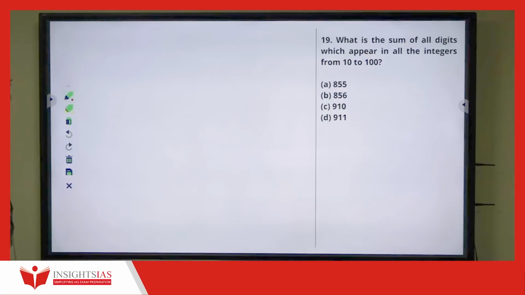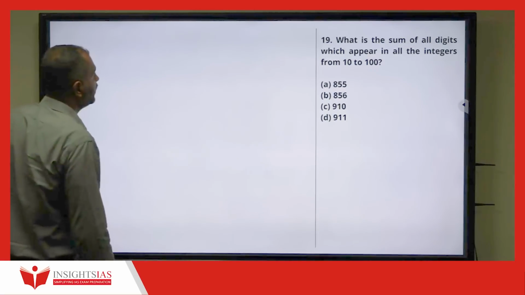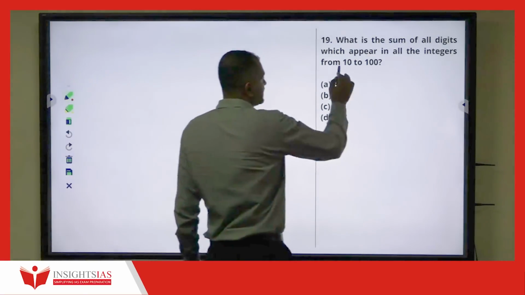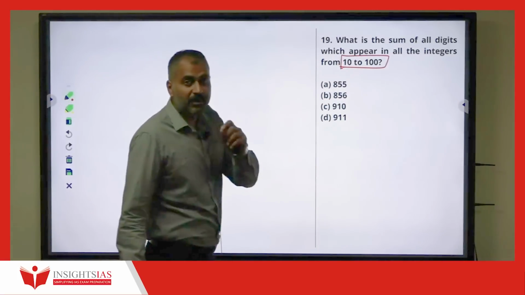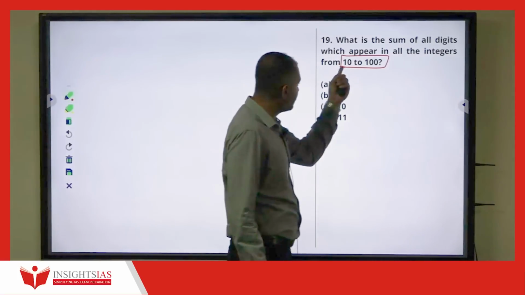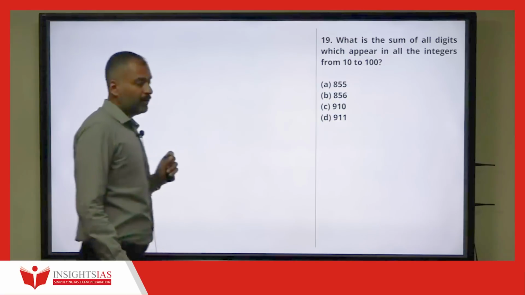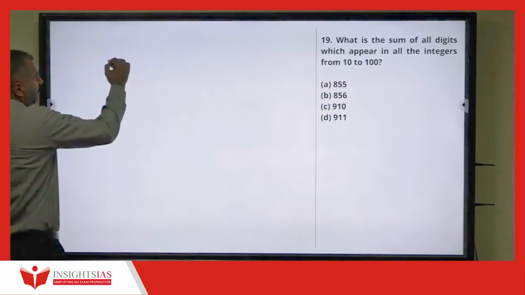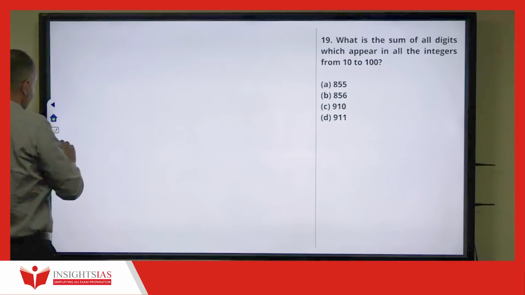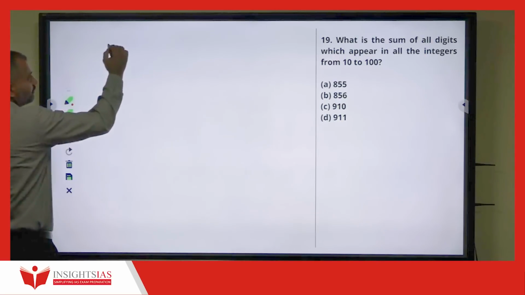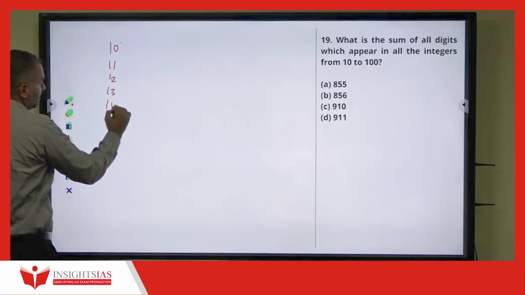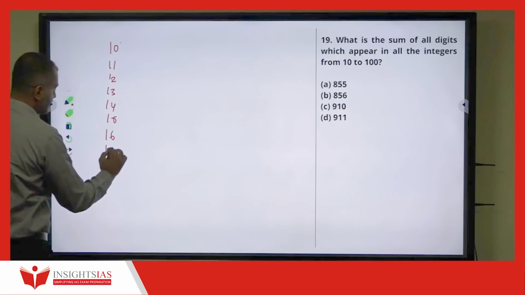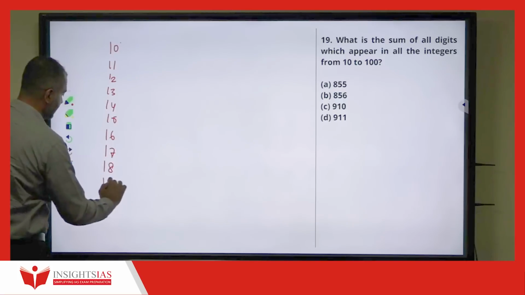Sum of all digits which appear in all the integers from 10 to 100. It's not the sum of the numbers he is asking, but the sum of the digits in these natural numbers 10 to 100. Look here now, I am writing 10, 11, 12, 13, 14, 15, 16, 17, 18 and 19.